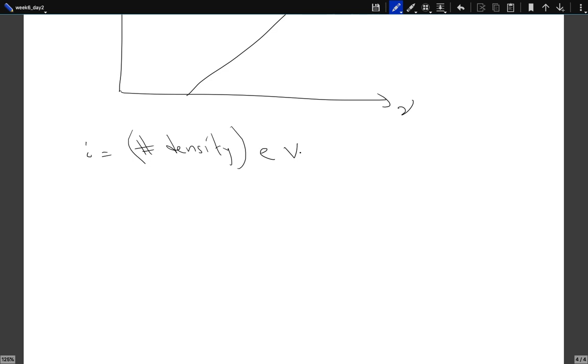The number density is related to the number of photons rather than the frequency. And the velocity, well, if they are non-relativistic, for a few electron volts they will be non-relativistic. So the speed will be just the square root of twice the kinetic energy divided by the mass.